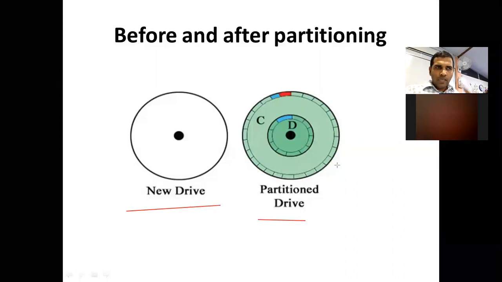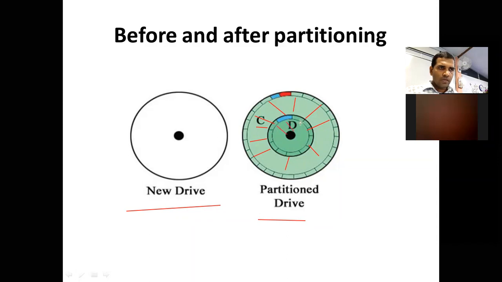Look at this, that plain circle is divided into two. Look at this area. This area is one part, and according to this picture, it is named C. This is one part of this hard disk. The other part, look at that inner circle, that is the other part.